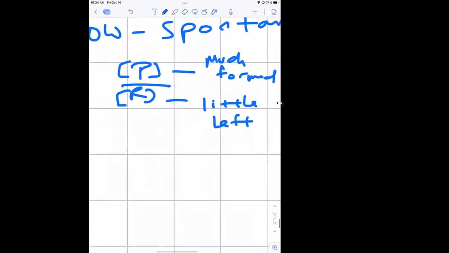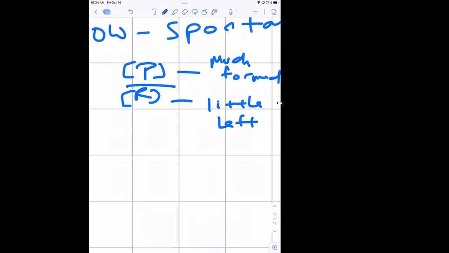If that's your equation for K and Q, the concentration of the products over the concentration of the reactants, then K and Q should be greater than 1. Small number on the bottom, bigger number on the top. Divide them, and you should get a number that's greater than 1.